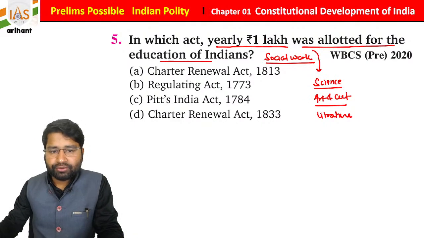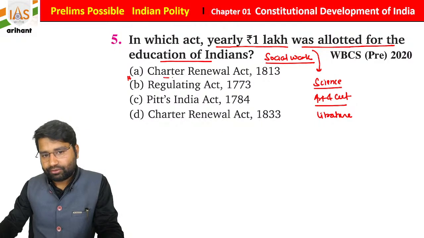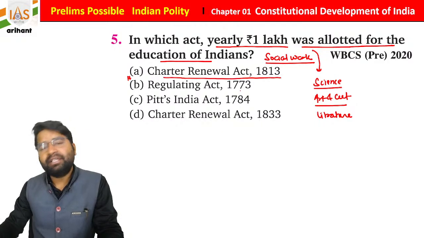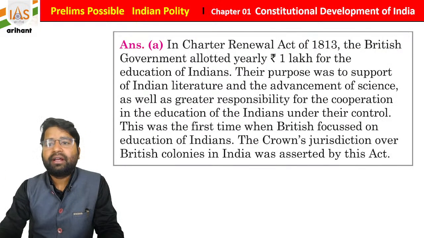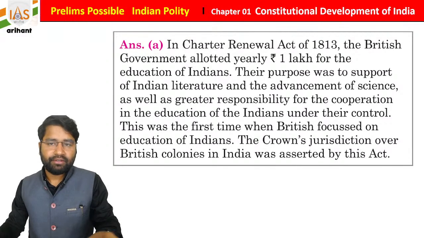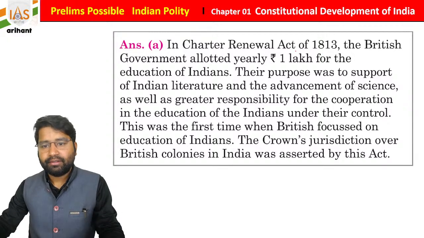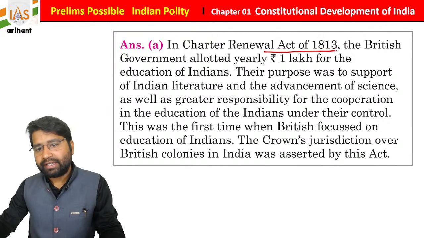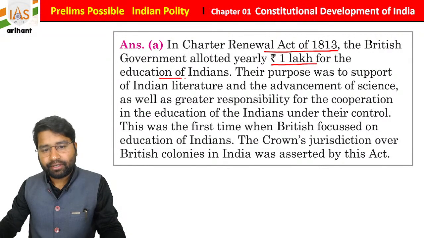It was introduced by the Charter Renewal Act 1813. When the company monopoly was ended, at the same time, students, this 1 lakh rupees was allocated for British India possessions, where they were going to do some social work. So the Charter Renewal Act 1813, the British government allotted yearly 1 lakh rupees for the education of Indians.